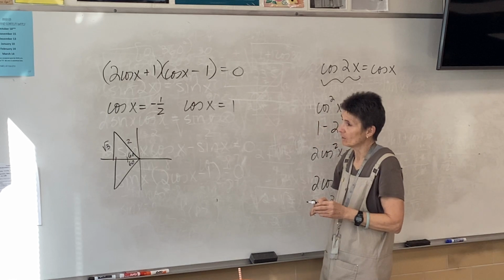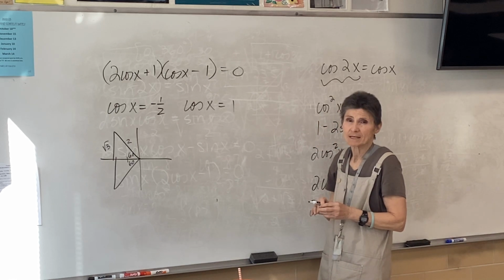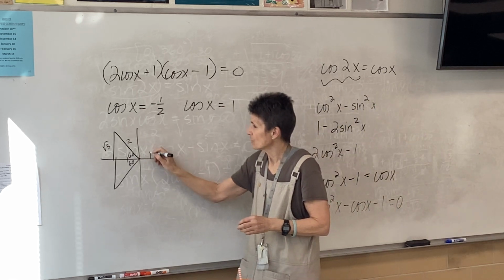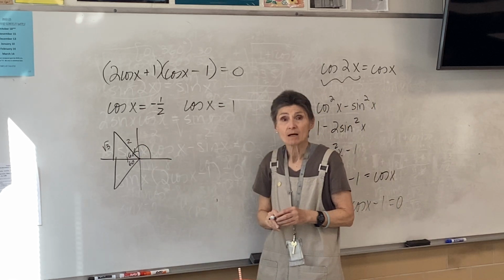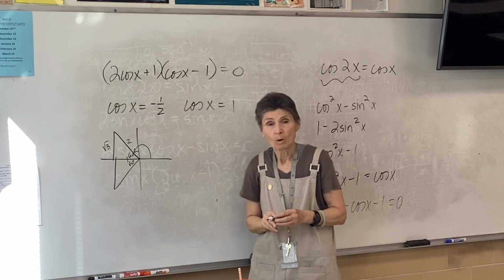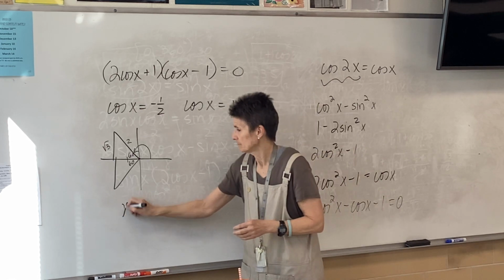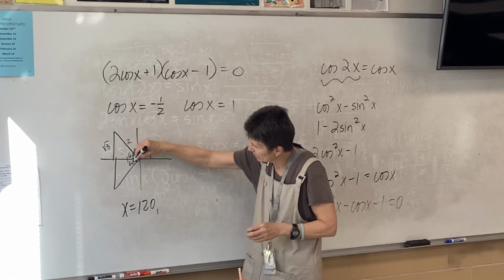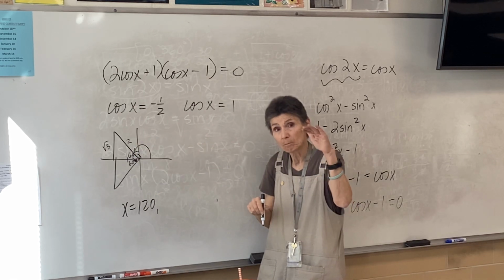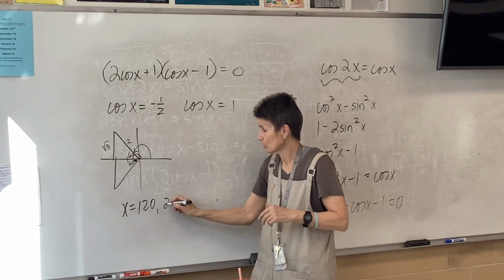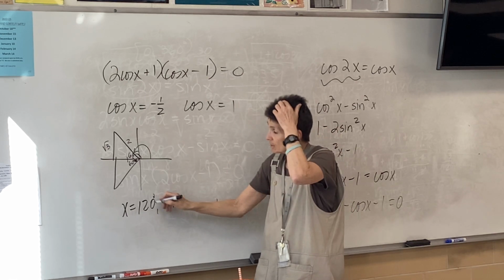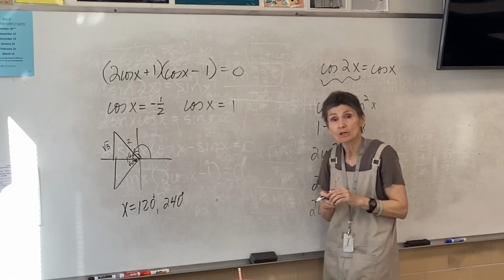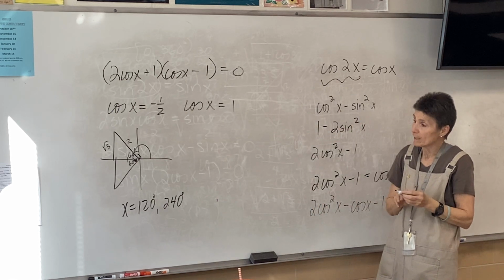Please be careful. 60 cannot be your answer because you're in quadrant 2. So your answer is actually 120, 180 minus 60. And then this one will be 180 plus 60, or 240. So there are the answers to this guy. That's where the cosine is -1/2.